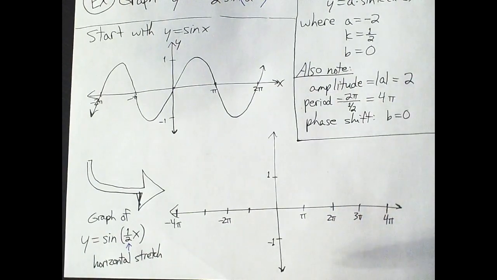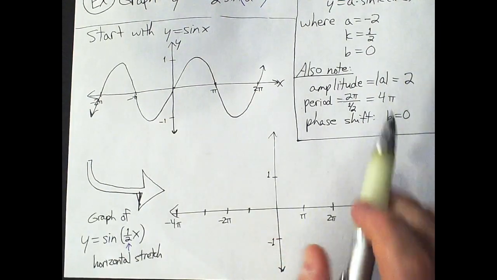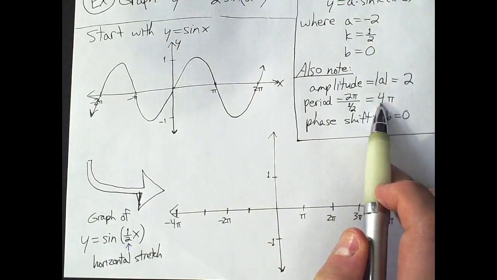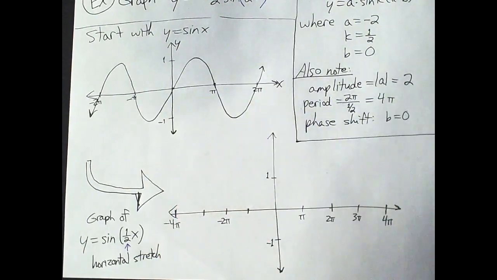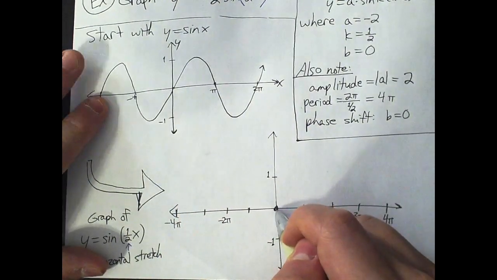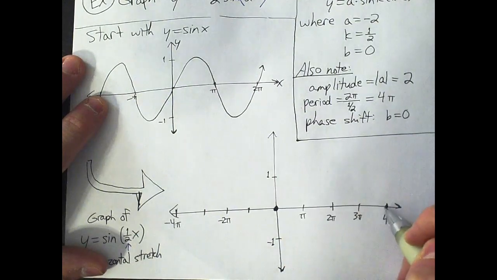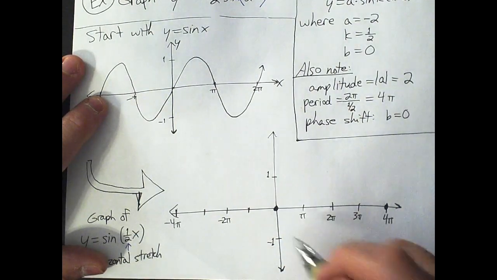And you should know that the shape of the graph takes up 1 period. So it makes sense that this is a horizontal stretch, and that is why the period is going to be twice as long as it usually is. Instead of a period from 0 to 2 pi, we're going to start at the origin, and it's going to have to go all the way to 4 pi before it would repeat itself.